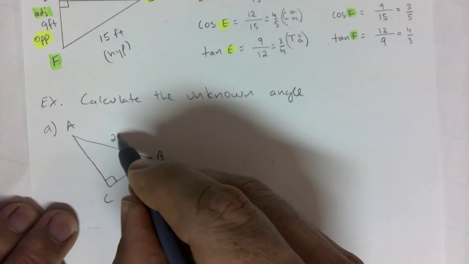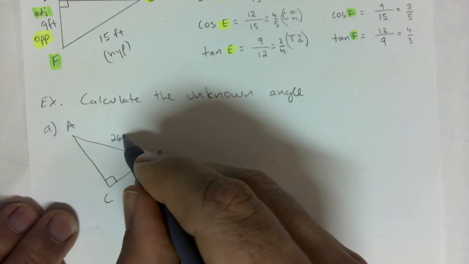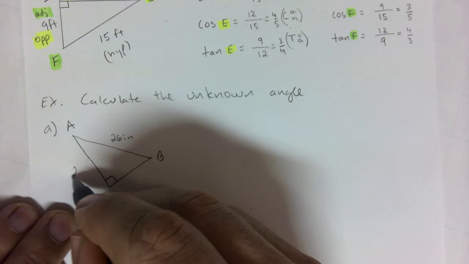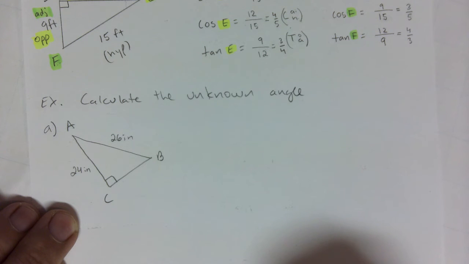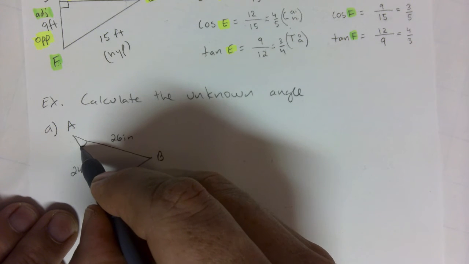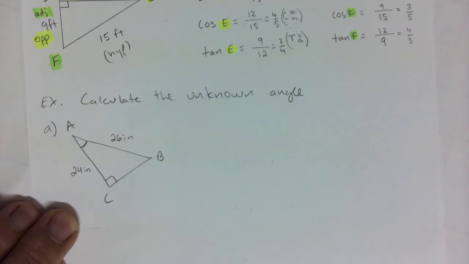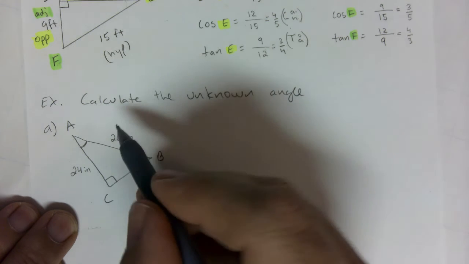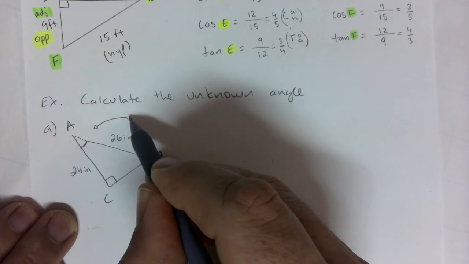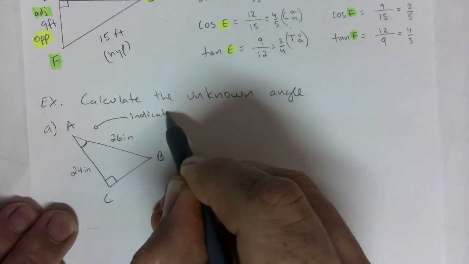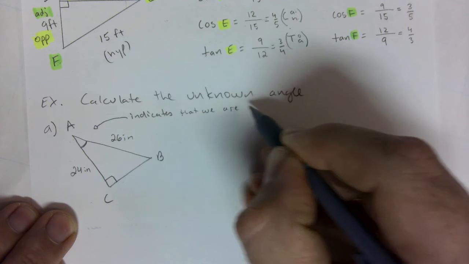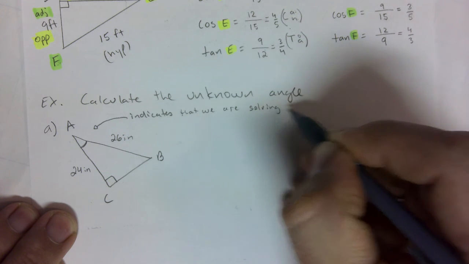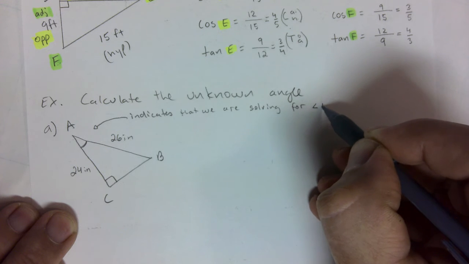We're going to call this 26 inches, and this will be 24 inches. And they're indicating to us that we're solving for A like that. Indicates that we are solving for angle A.